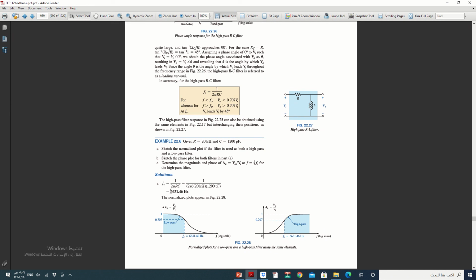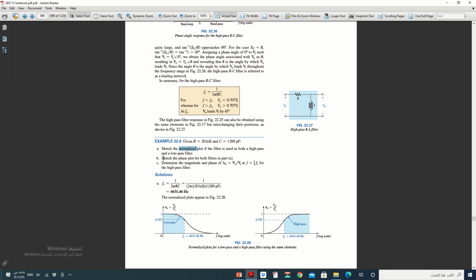You will get 6631 hertz. This is the cutoff frequency. And if we need to draw, no need to calculate because he asked for normalized. We can write 1 for high voltage and 0.707 for the cutoff frequency, and draw the shape of the curve in the low pass filter and the shape for the high pass filter starting from the cutoff frequency.